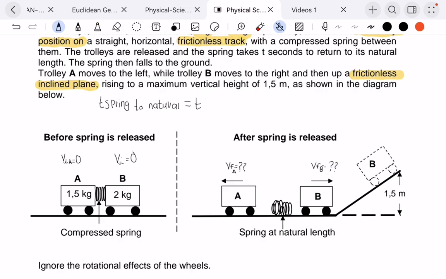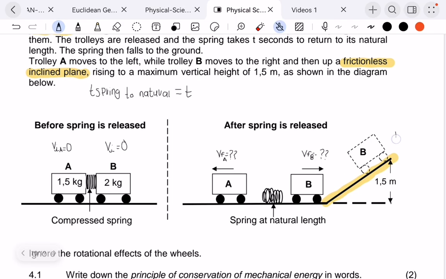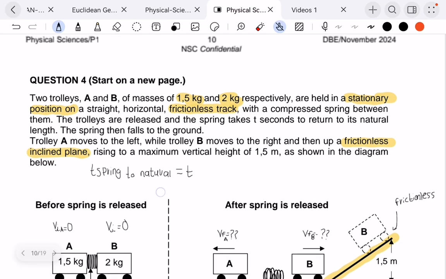And then what are we given? We know that this plane is frictionless, so I can even label that if I want to. So this is frictionless. What did they say about the horizontal one?